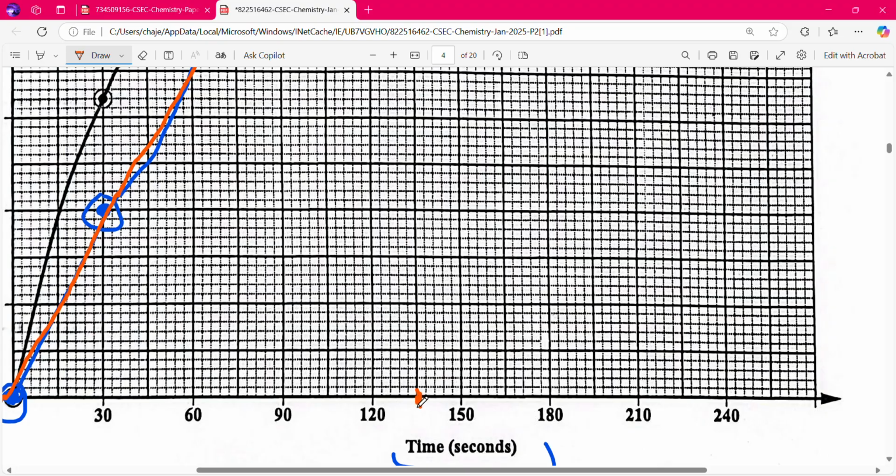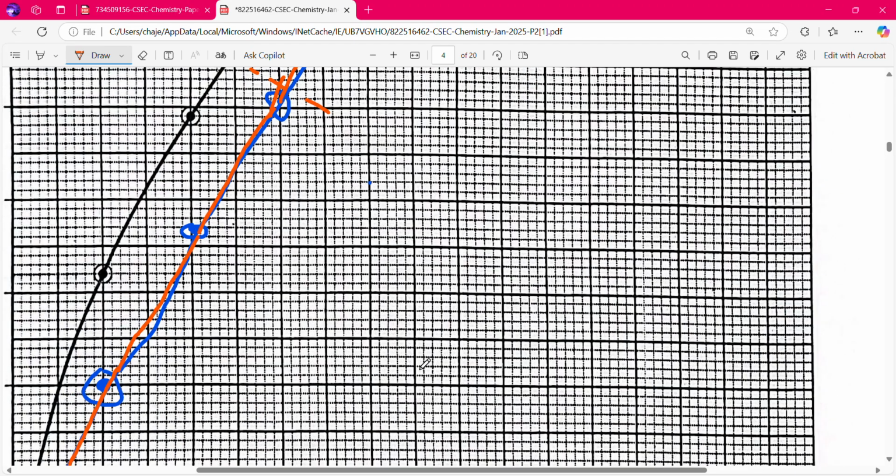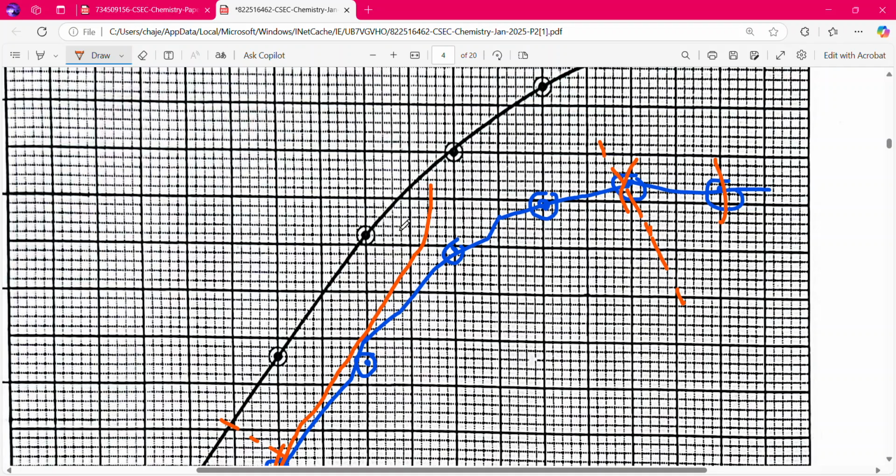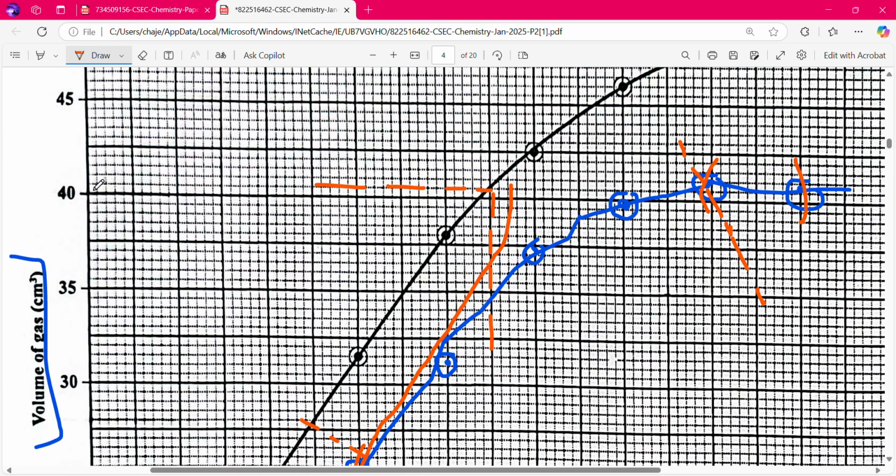Halfway between would be here. Alright, so the volume of gas, I think this one would have been the graphical one. And they want us to show it, so you use your dotted lines and you try to show it as boldly as possible, and you indicate what it is.